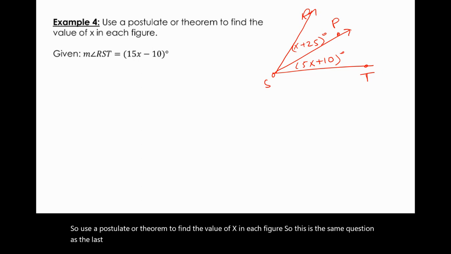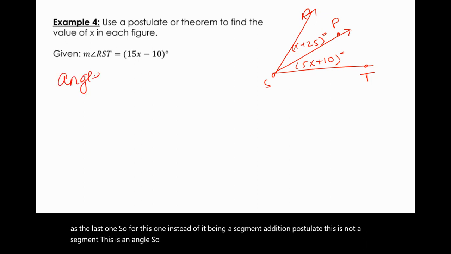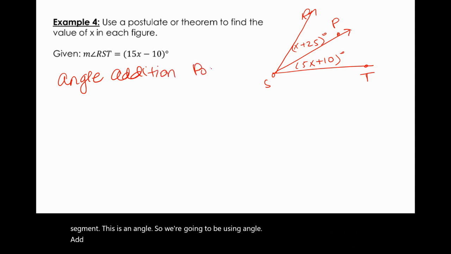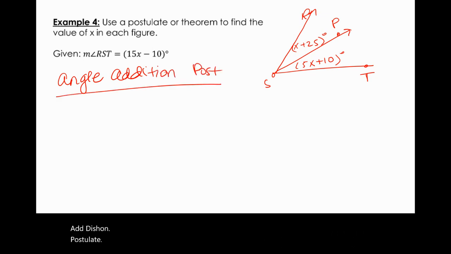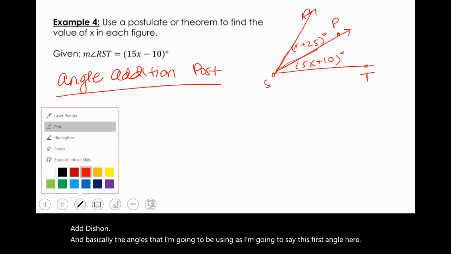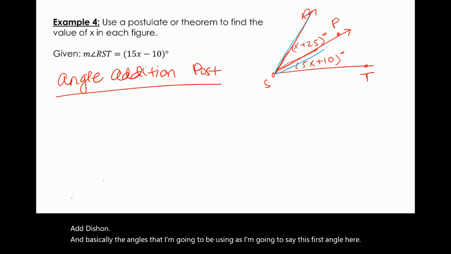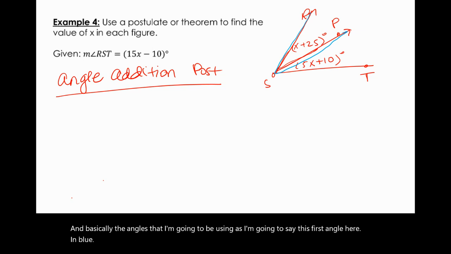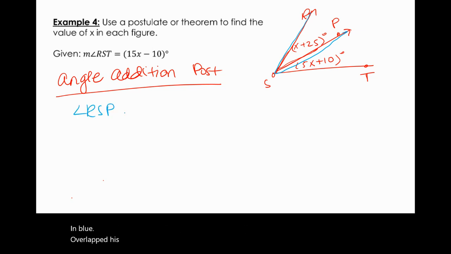For this one, instead of it being a segment addition postulate, this is not a segment, this is an angle. So we are going to be using the angle addition postulate. Let's say this first angle here in blue, pretend like that overlapped, is angle RSP.